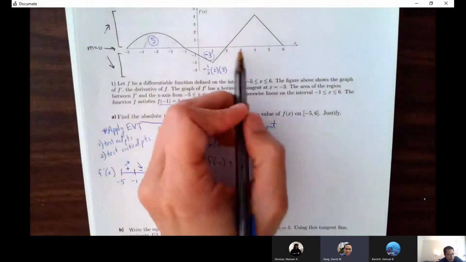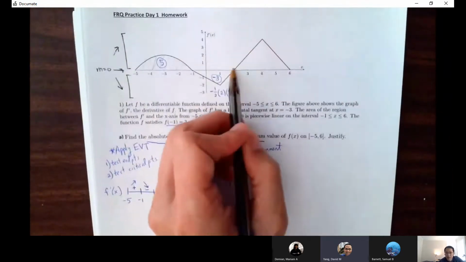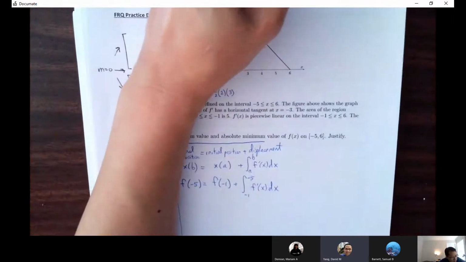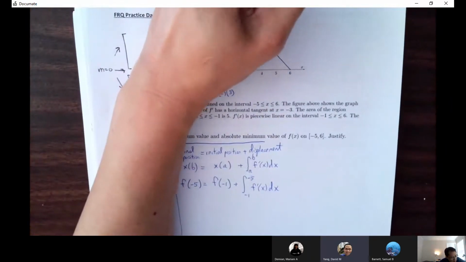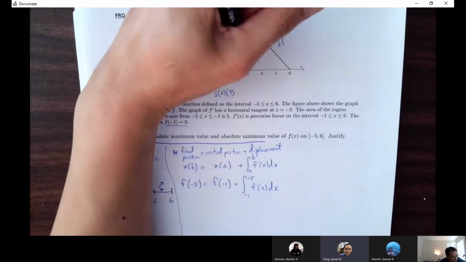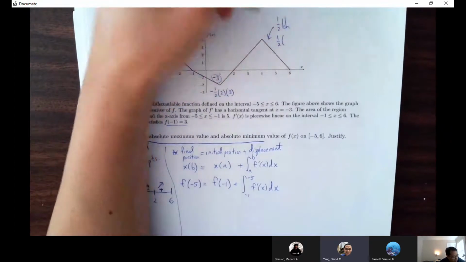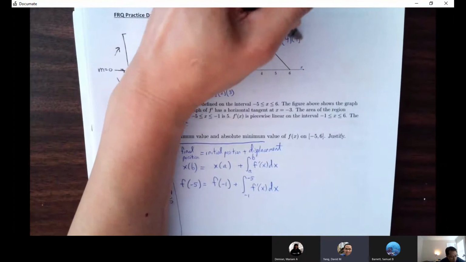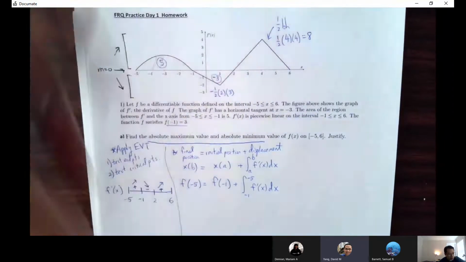Between 2 and 6, this area is all just going to be another triangle here, 1/2 base times height. So 4 times 4 equals 8.